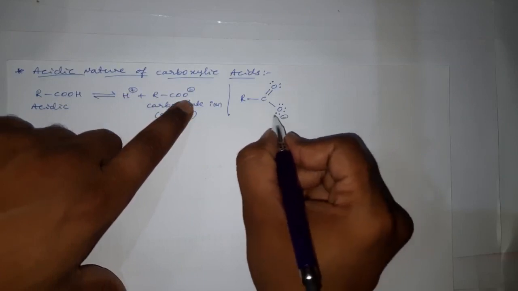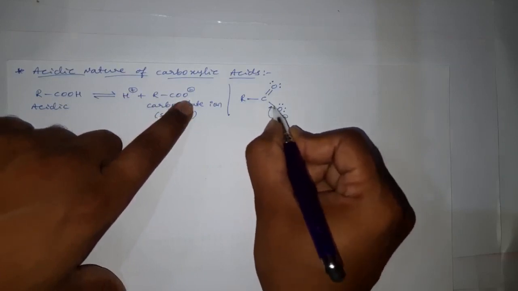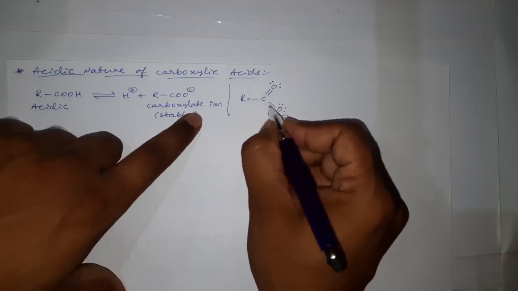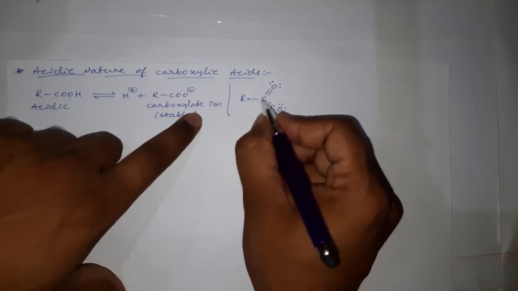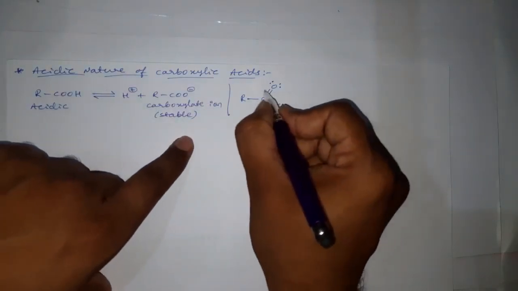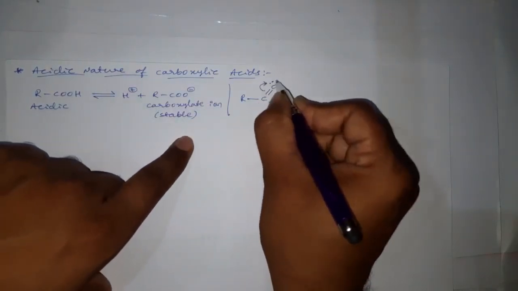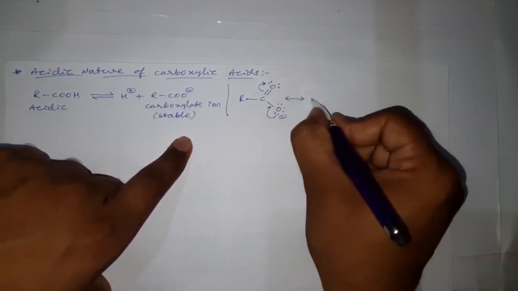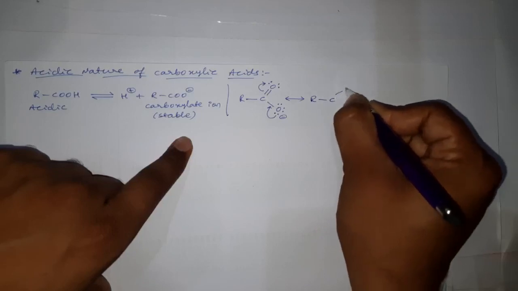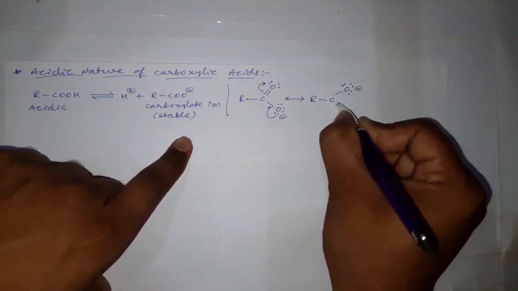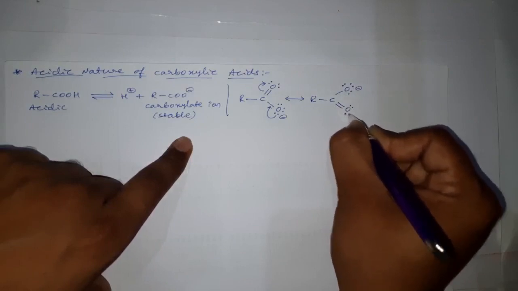This extra pair of electrons will now move towards the carbon-oxygen single bond, and now this carbon becomes unstable with a new bond, since it is stable with only 4 bonds. If a fifth bond comes, it becomes unstable, and hence it will break one of the old bonds, and that bond will move towards this oxygen, which results in the formation of a negative charge on this oxygen, double bond O with two pairs of electrons.